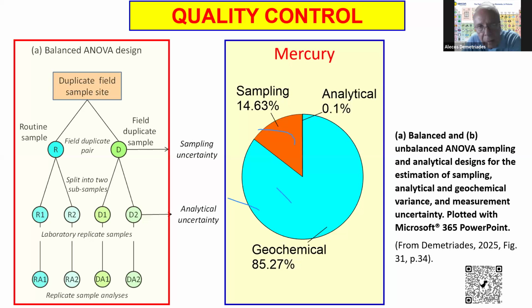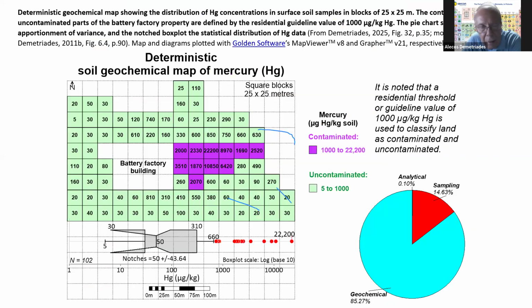Okay, I did expect that we will have a high sampling variance because mercury was not sort of distributed equally in everything. The analytical variance is very good, and we have a good geochemical variance.